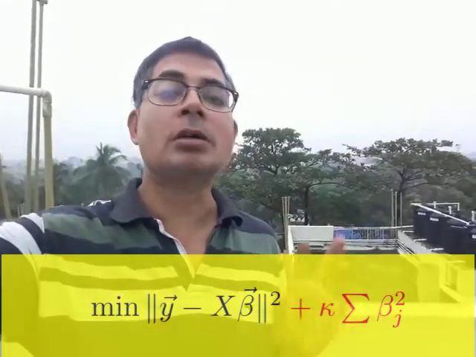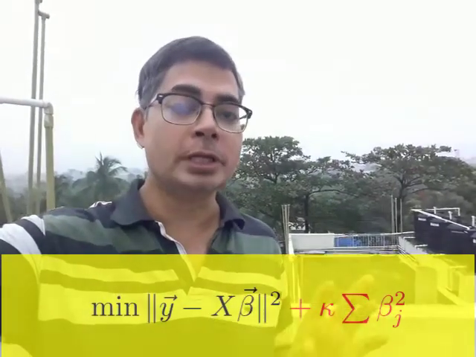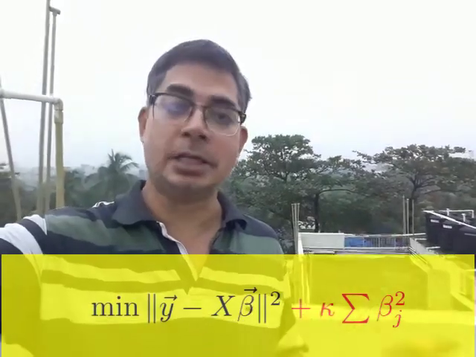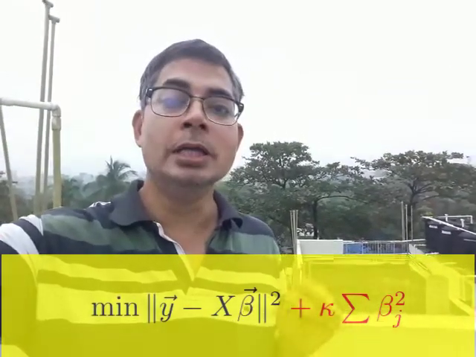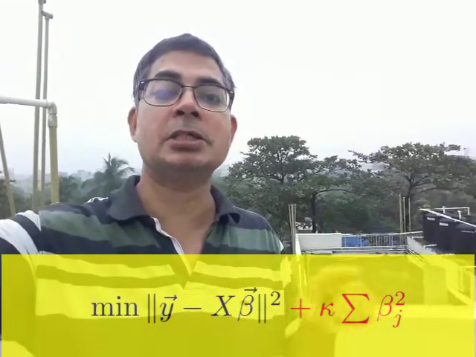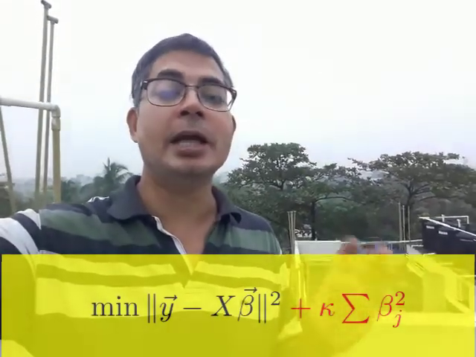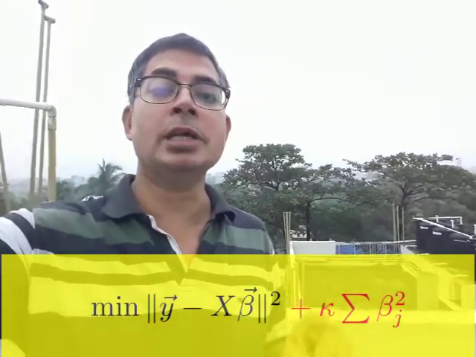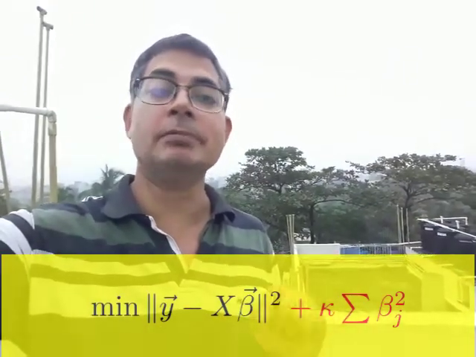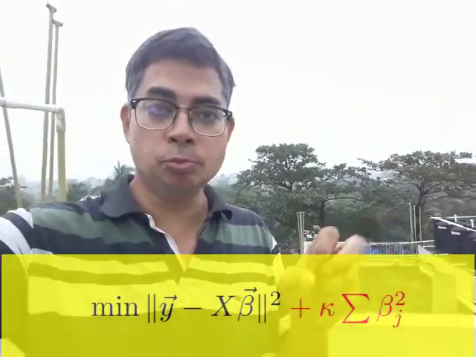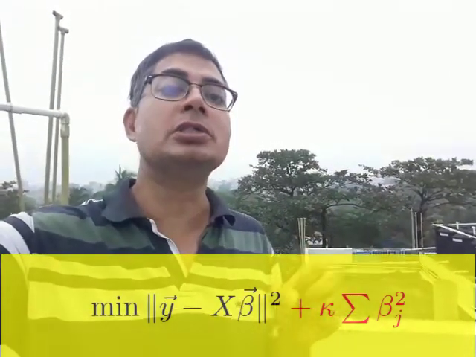Now, observe that the condition we are always putting here is basically that your betas should be small. If beta is very large, then the summation of beta j square will be large. As a result, the minimization problem will suffer. So, by putting this term, where kappa is positive, we are trying to pull the betas towards 0.